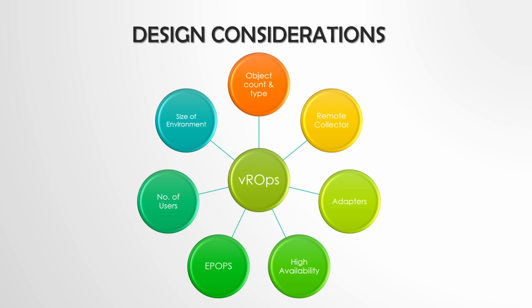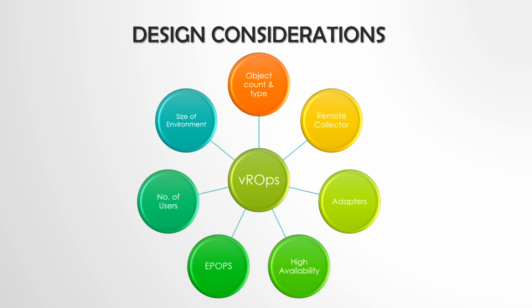Next is whether or not you want HA, because as you know, once I enable HA, it will create a secondary copy of each object. So at the moment, if your cluster is supporting 60,000 objects, after enabling HA, it will be reduced to 50%, that is 30,000.